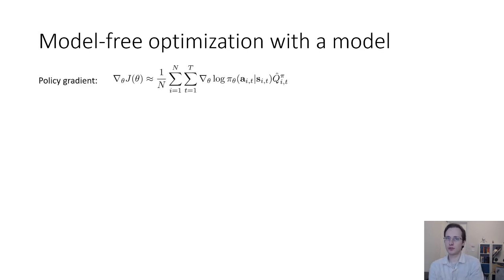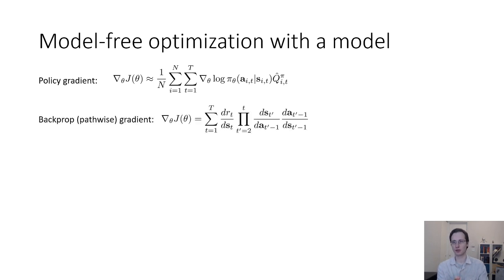Now, when you do this, something kind of interesting comes to mind. The policy gradient is also a gradient of the total reward with respect to the policy parameters. So in a sense, the policy gradient is also computing a derivative through the dynamics. It just doesn't require knowing the functional form of the dynamics log probabilities to do this.